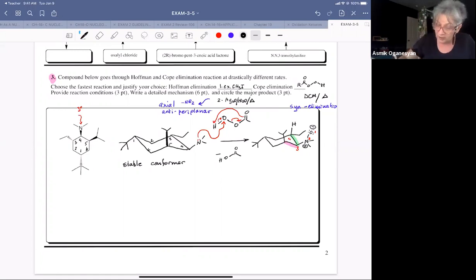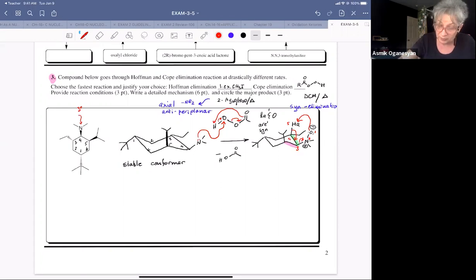It's hydrogen A that is going to be in close proximity to the oxygen. So I have to be very careful about the choice of the hydrogens that will be abstracted. Those two groups, hydrogen A and oxygen, are syn to each other. So we're going to abstract that proton, form a double bond, and the leaving group will leave.